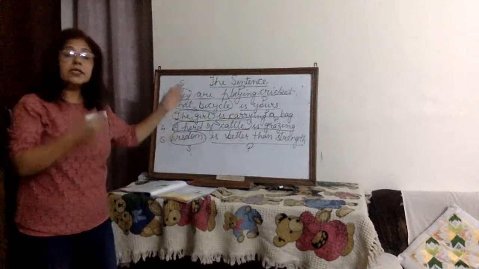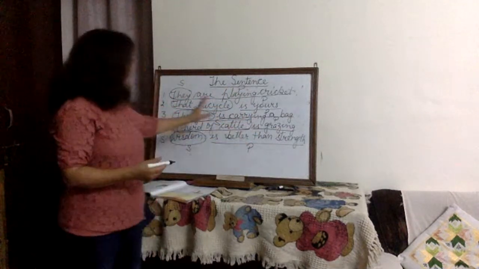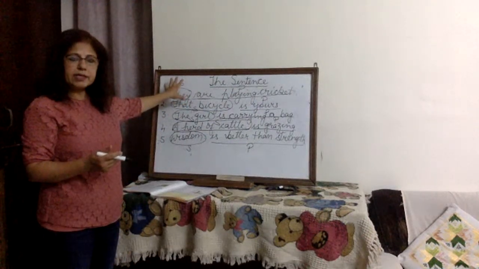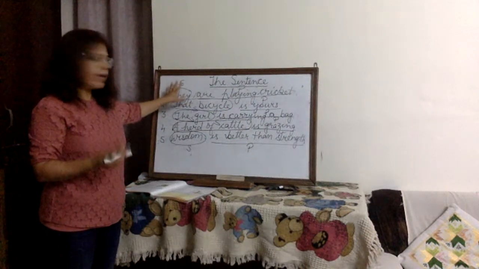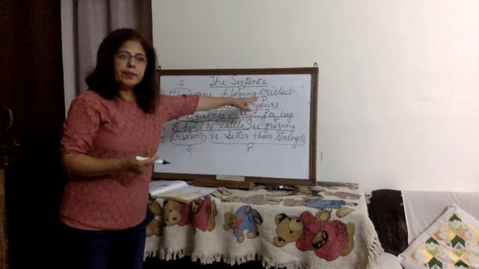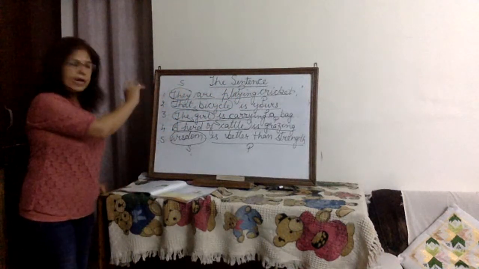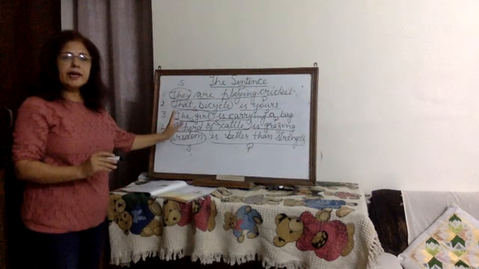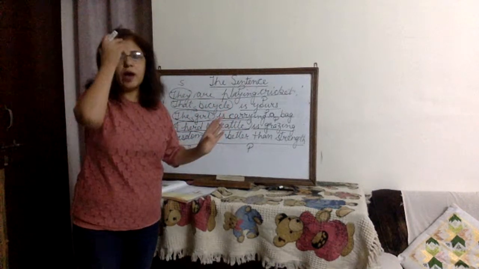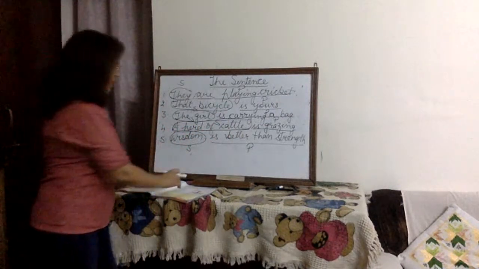What the subject does, that is described in the doing part. Like they, what they subject here. What they are doing? They are playing cricket. So this is the part that describes what this subject does. So it is divided into 2 parts, subject and predicate. I hope you have understood the concept of subject and predicate.